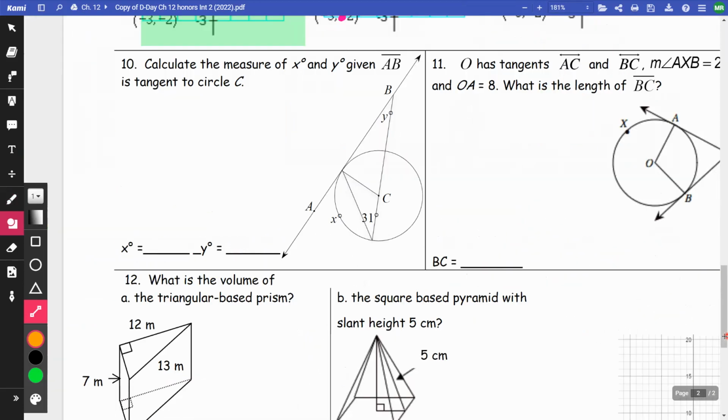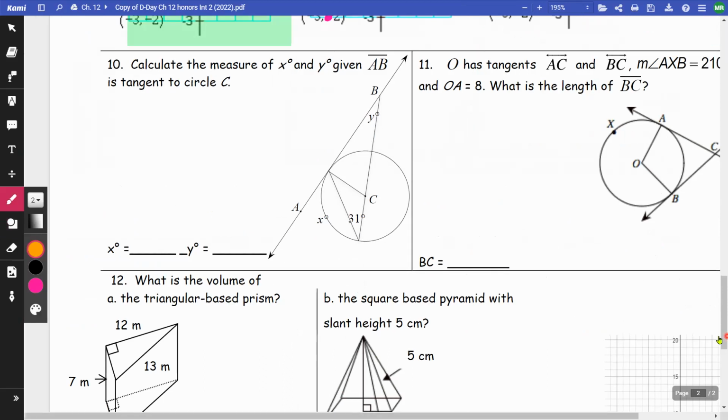On number 10, on this one, we want to calculate the measure of x, which is this angle right here. Okay. And again, that was a degree.